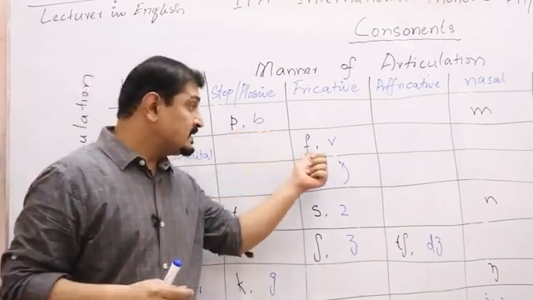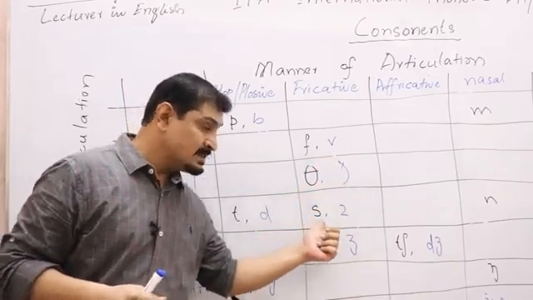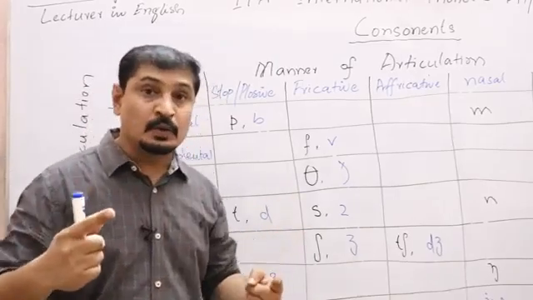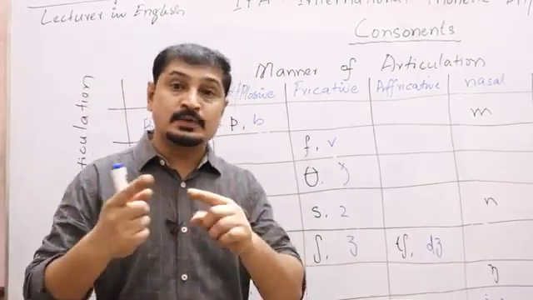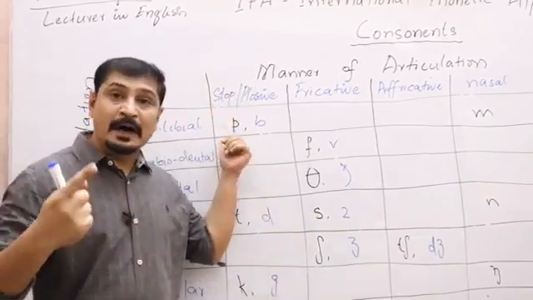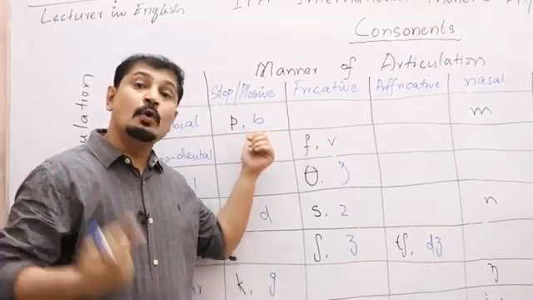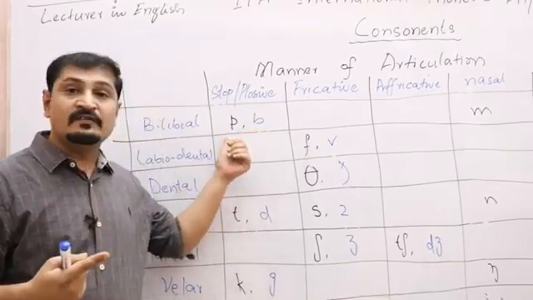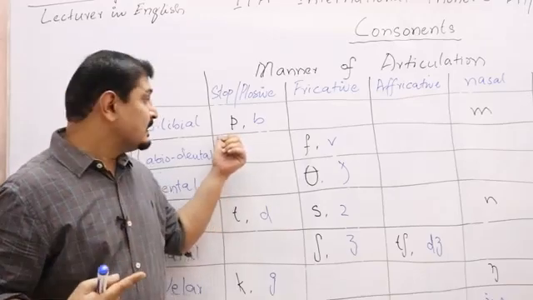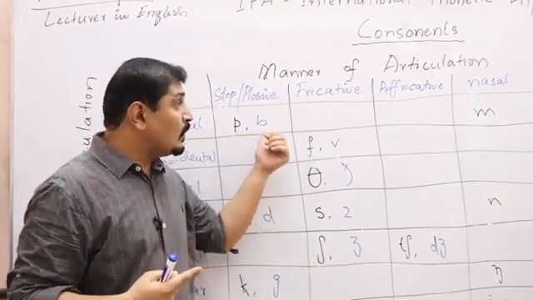Voiceless, voiced, voiceless, voiced. And if you remember, I told you how to recognize voiced and voiceless. When there is a vibration in our mouth, then it is voiced. If there is no vibration in our sound, then we refer to it as voiceless, or without voice.